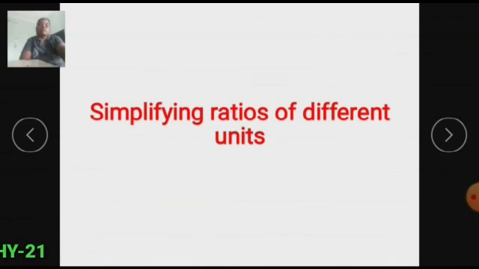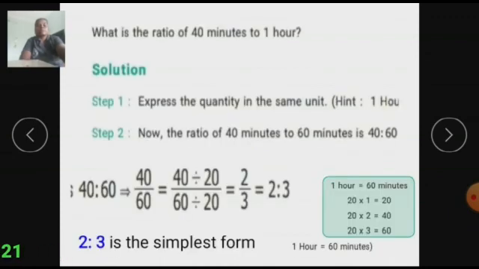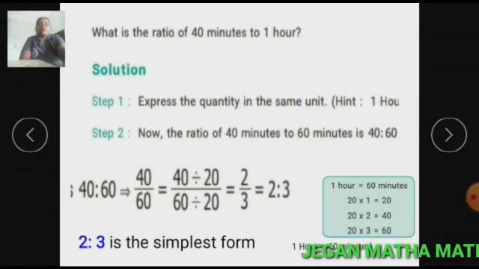Simplifying ratios of different units. Example 1. What is the ratio of 40 minutes to 1 hour? We have already known 1 hour equal to 60 minutes. Step 1.